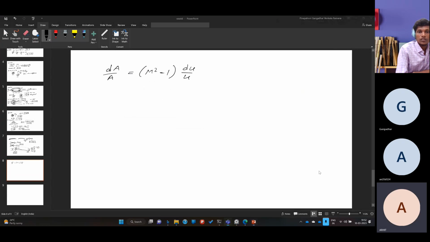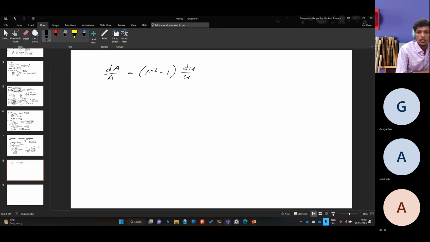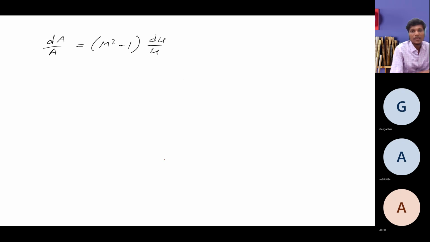This is the governing equation between velocity and area. From your continuity, you can also apply rho 1 A1 U1, but before that, what is governing is rho 1 A1 U1 equals rho 2 A2 U2. You want to apply this one, right?